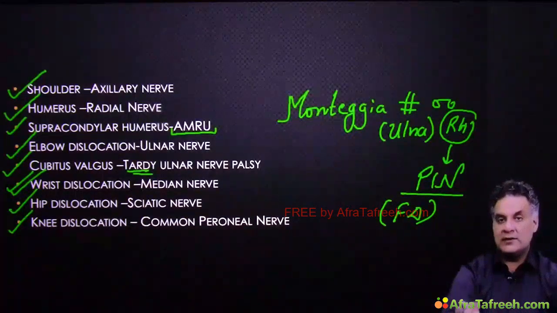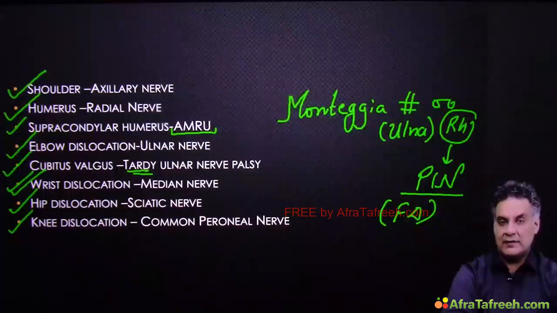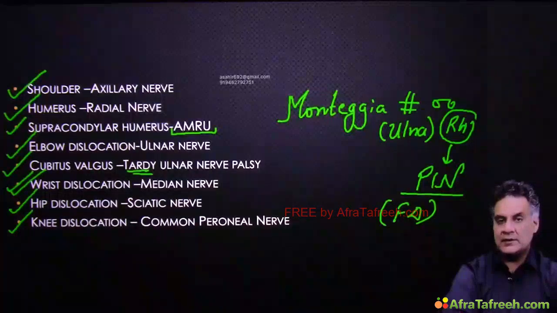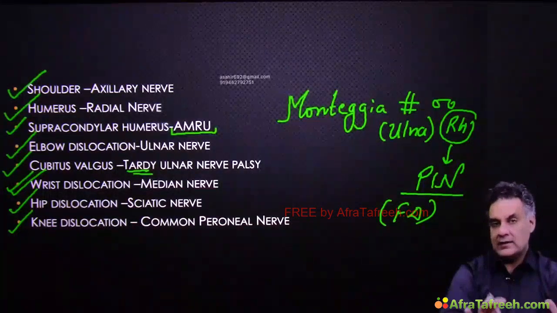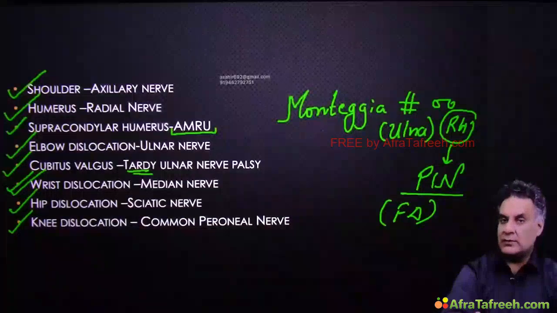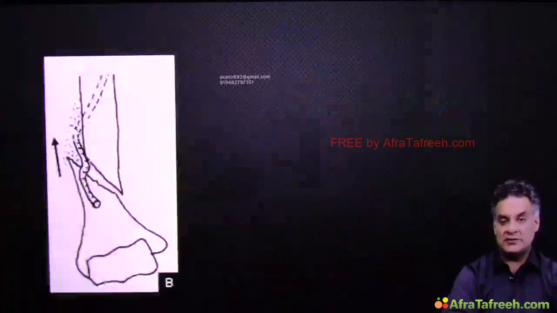So this is Monteggia, where you will have posterior interosseous nerve involvement, and then around the wrist, median nerve; around the hip, sciatic nerve; around the knee, common peroneal nerve. Remember, the majority of the questions come on the radial nerve or common peroneal nerve, and sometimes they talk about Monteggia involving the posterior interosseous nerve.